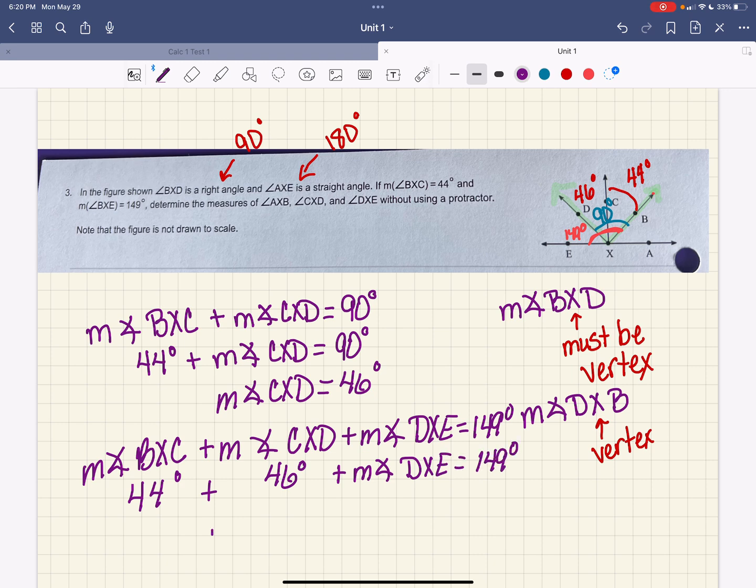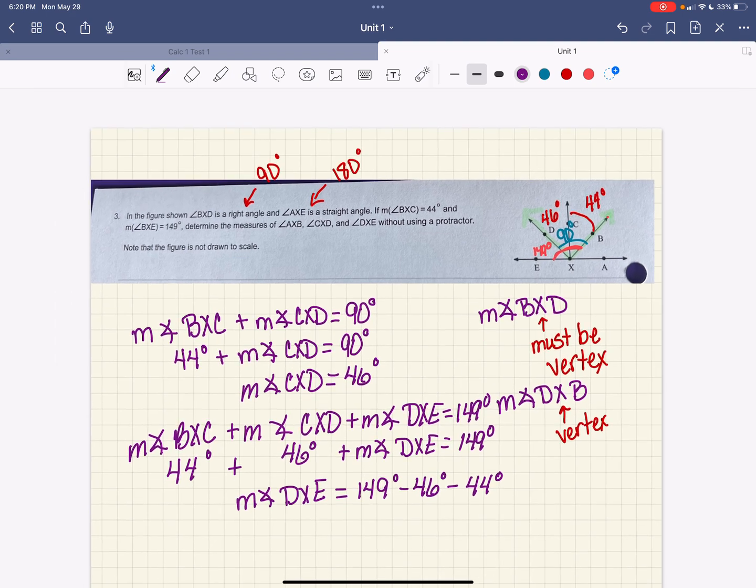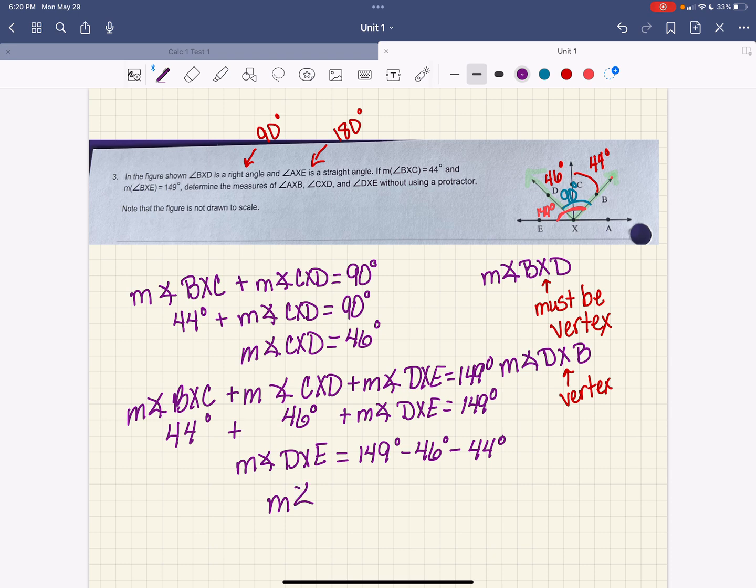So the measure of angle DXE is going to be 149 minus 46 minus 44. Grab your calculator and do that subtraction: 149 minus 46 minus 44, and you should get 59 degrees. So the measure of angle DXE is going to be 59 degrees.